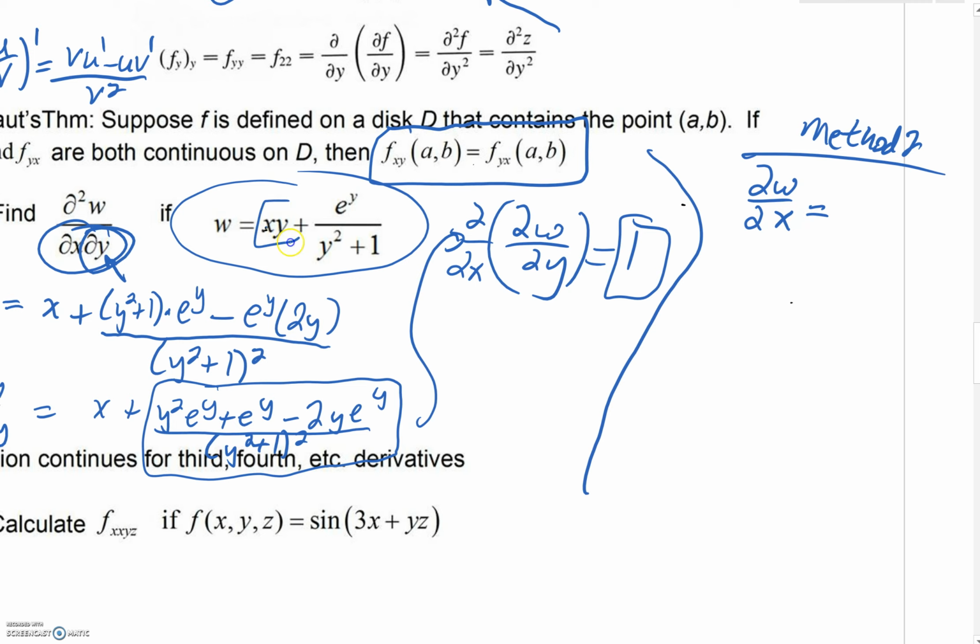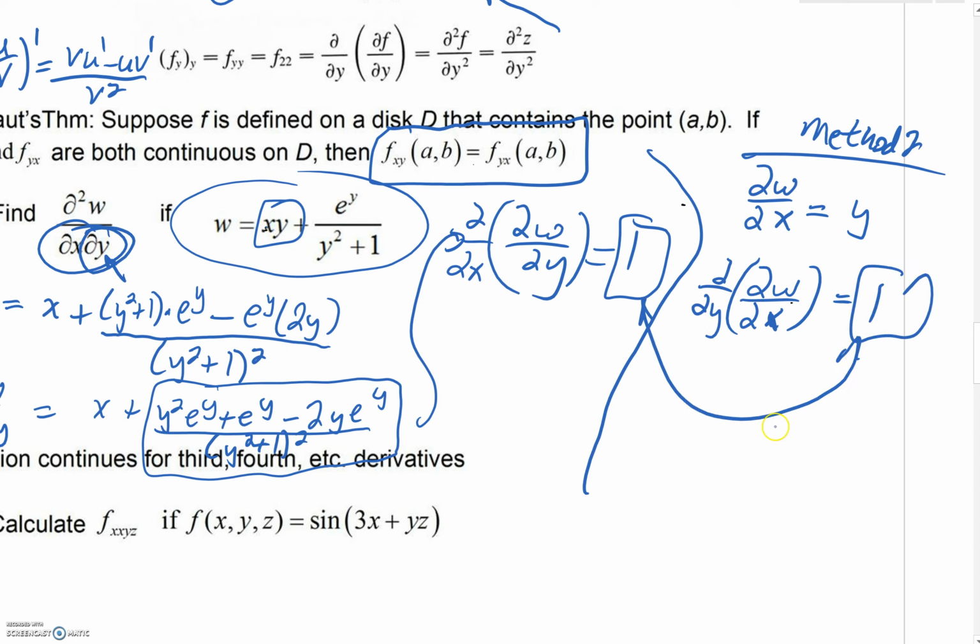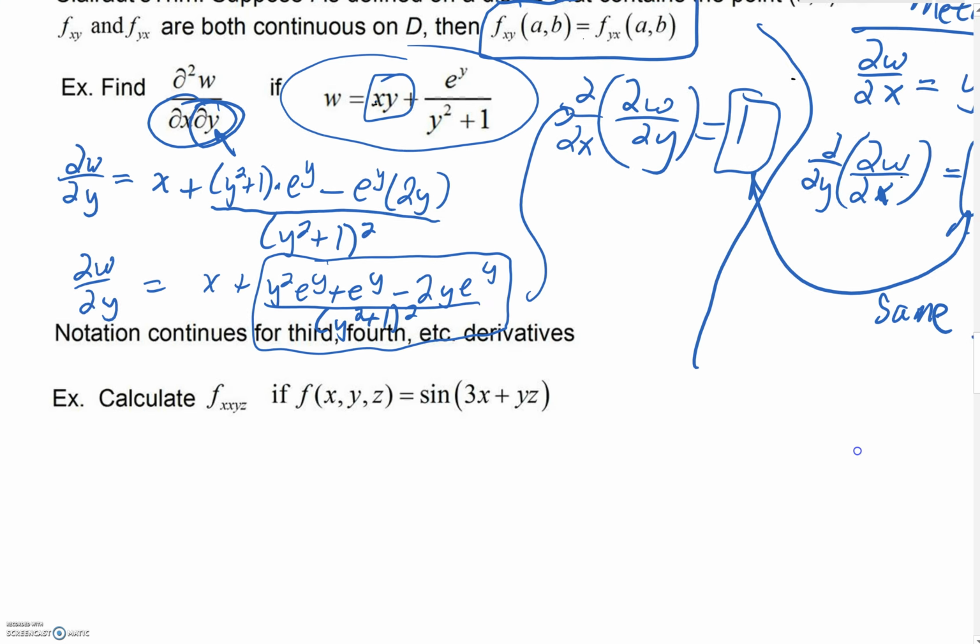Well, immediately, the derivative of xy with respect to x is just a y. This other stuff just disappears. Then what? We'd say, well, now we're going to go ahead and take our derivative with respect to y, and we get a 1, and they're the same. So, using Clairaut's theorem can really help you tremendously, so keep that in mind.